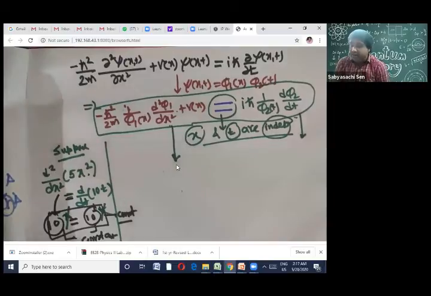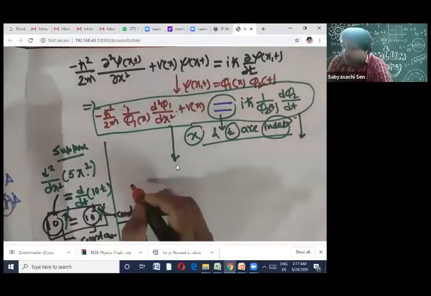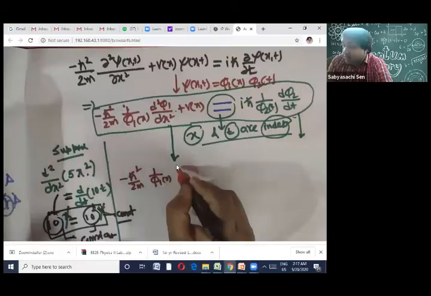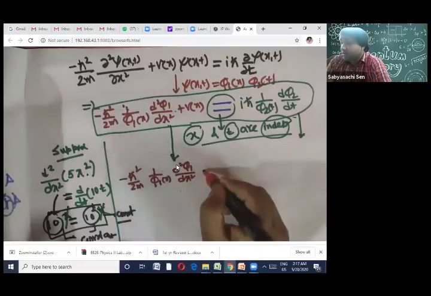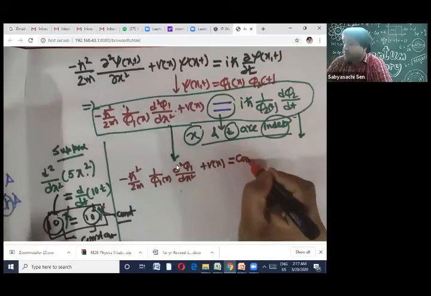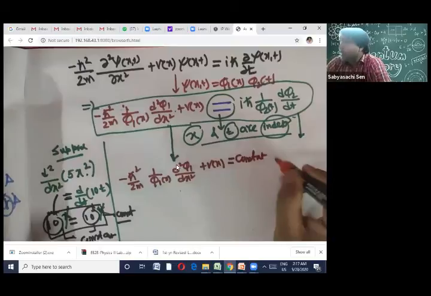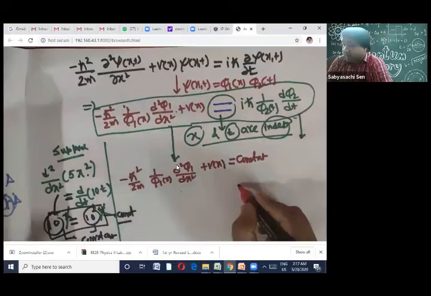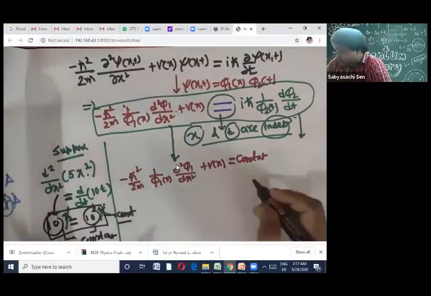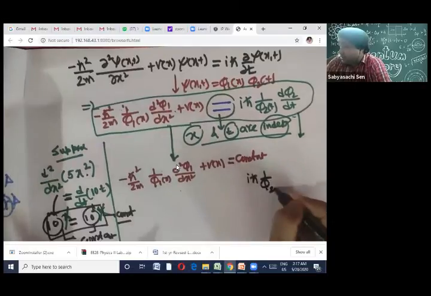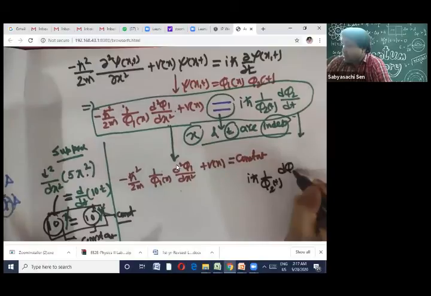So the constants will be like this. From the left hand side, I get minus h cut square by 2m, 1 by phi 1 of x, d2 phi 1 by dx2, plus V(x). I will get a constant here. And from the other part of the story, I will get i h cut, 1 by phi 2 of t, d phi 2 by dt.